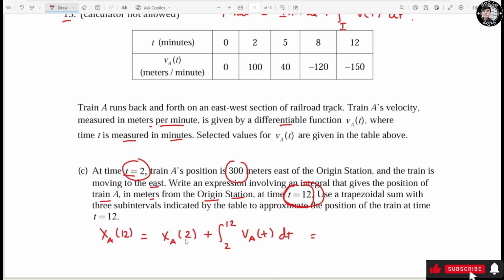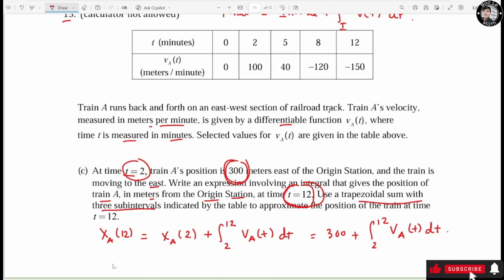Now s_A of 2 is 300 right here, plus the integral from 2 to 12 of v_A of t dt. Now use a trapezoidal sum with 3 subintervals. We need to calculate this one.